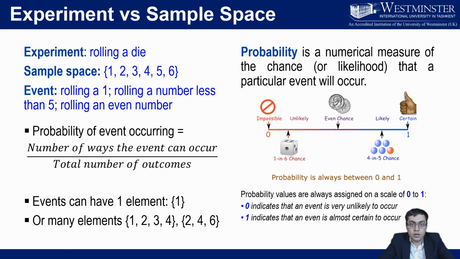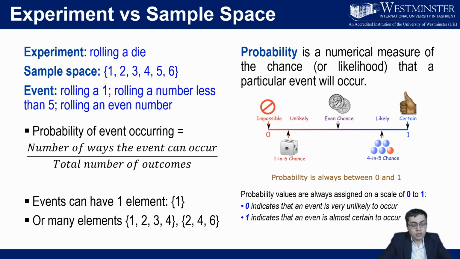And the events that we might be interested in studying or knowing about, for example, could be rolling a number 1, or rolling a number that is less than 5, so 1, 2, 3, 4, and rolling an even number, so that's going to be 2, 4, or 6.